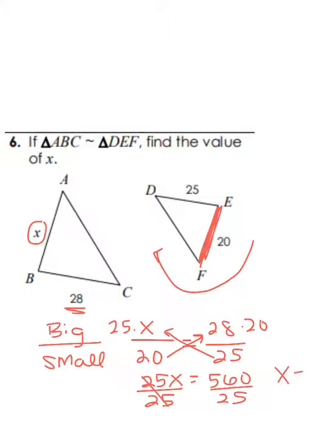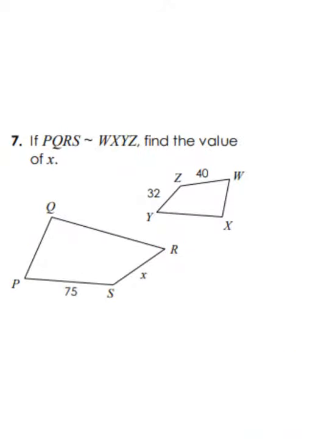So x would be 560 divided by 25, which is 22.4. Again, because we're setting up fractions on all these problems, you're not always going to get a whole number. We're going to focus mostly on triangles, but you can use this for any similar shape, any polygon.